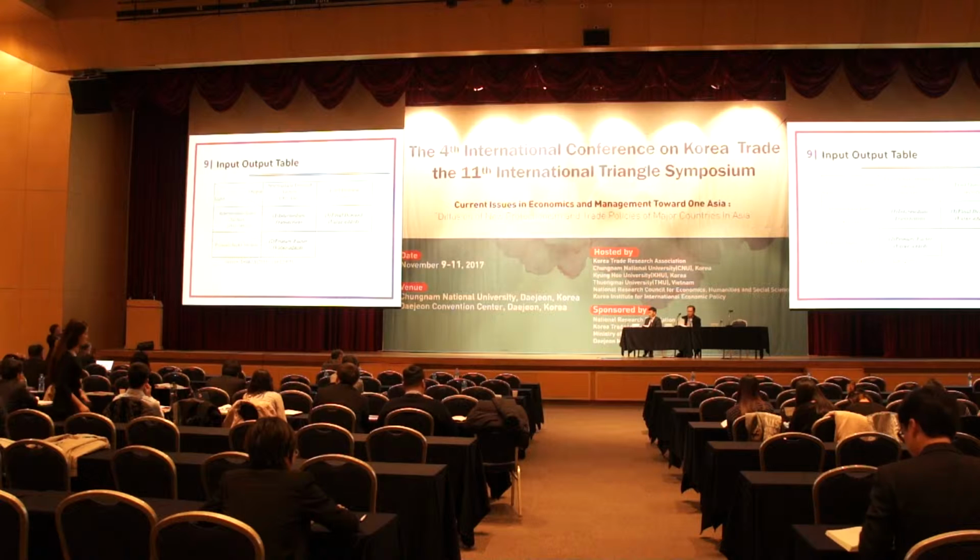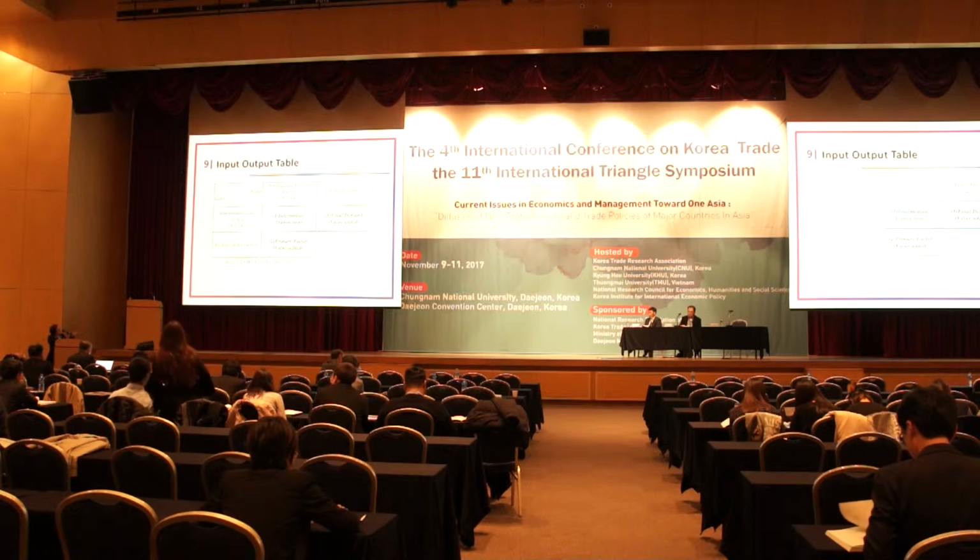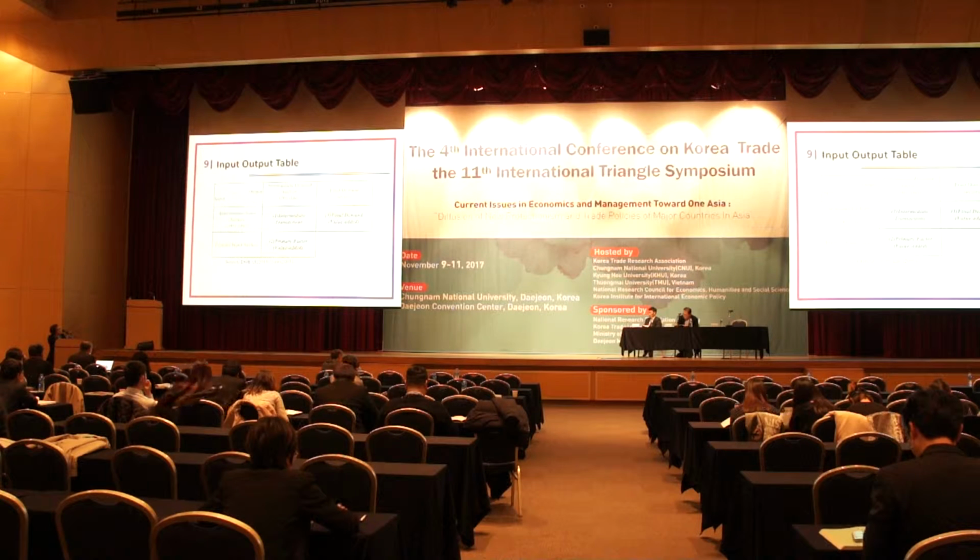You can see in the middle part, this is the very fundamental matrix of how each sector is interrelated with each other. So the inverse of the coefficient of this matrix is the very famous Leontief matrix, with which you can calculate the forward and backward linkage effects among all these industries.